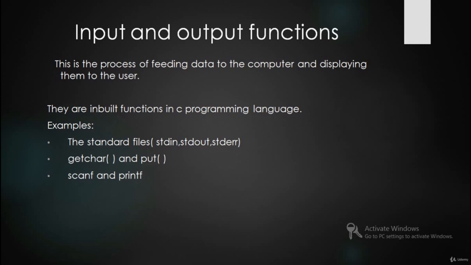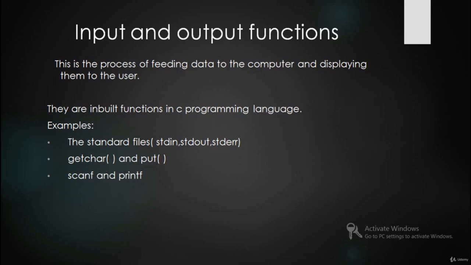We also have getchar and putchar. getchar reads the next available character from the screen and returns it as an integer, and putchar puts the character on the screen and returns it. We also have scanf and printf that we've been using throughout the program.